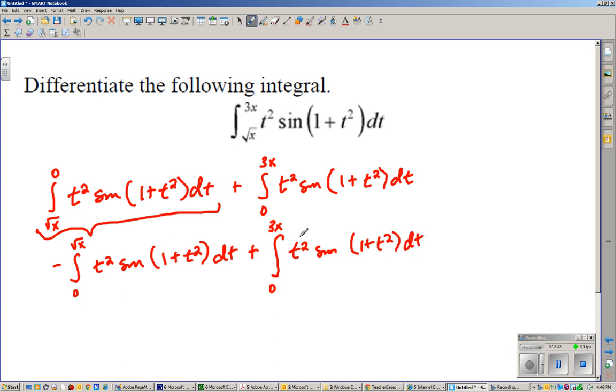Now remember, we're going to differentiate. We're going to take derivatives now of this, right? So we're going to take the derivative of all of this.